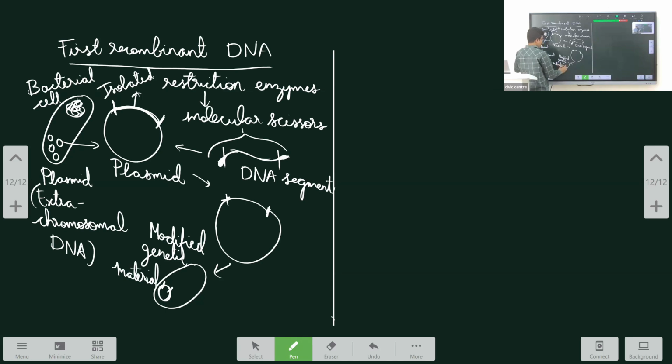And when this bacteria will multiply, or when it undergoes cell division, we would see that this modified gene will be multiplied in number.